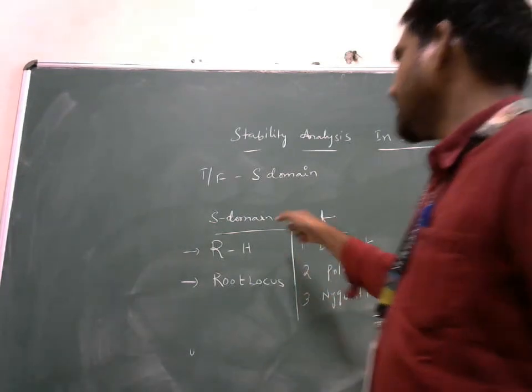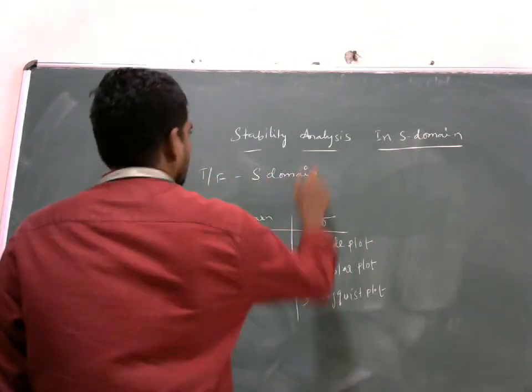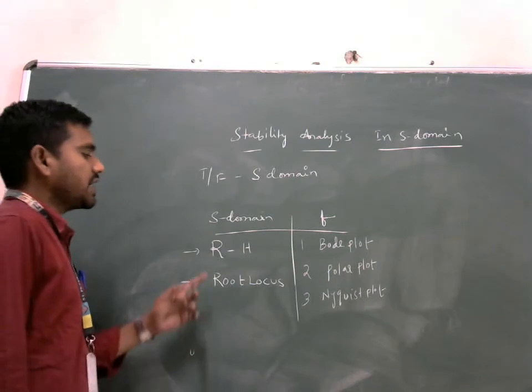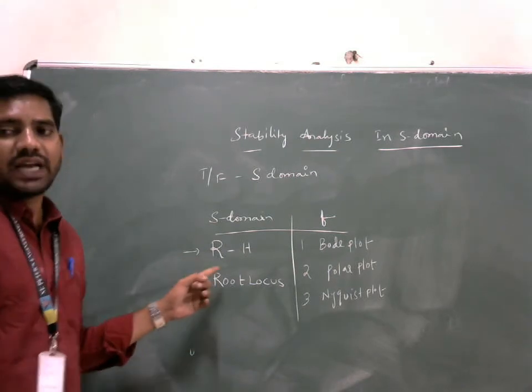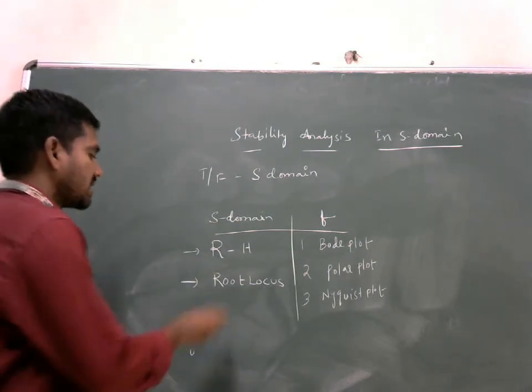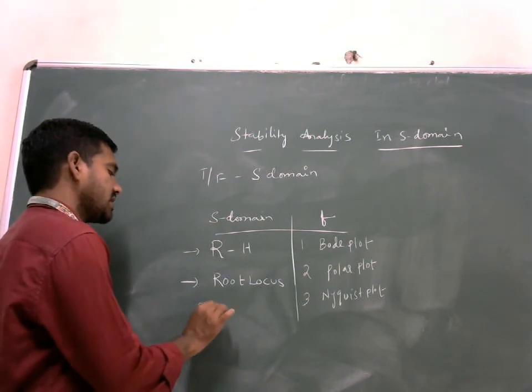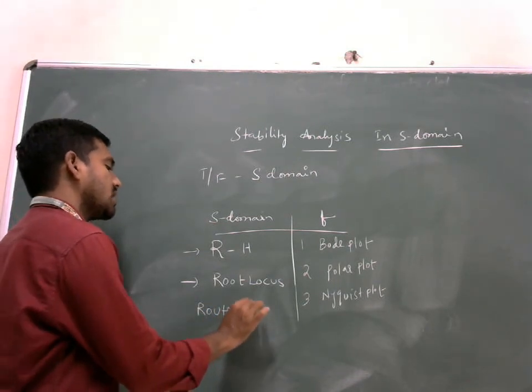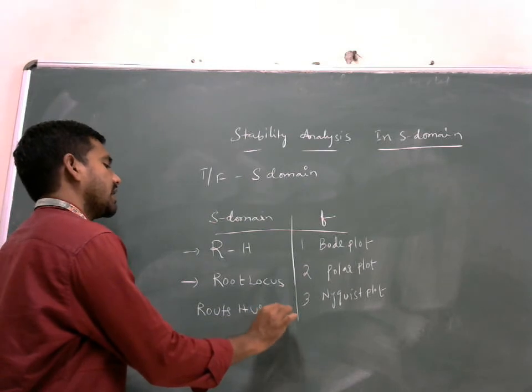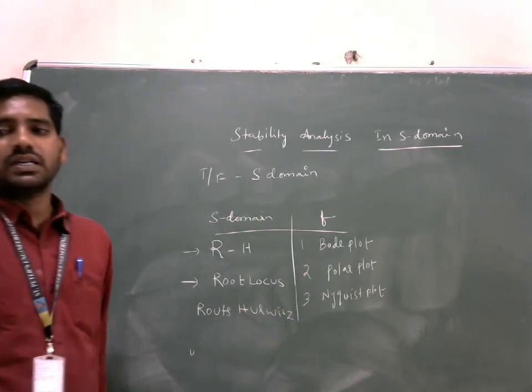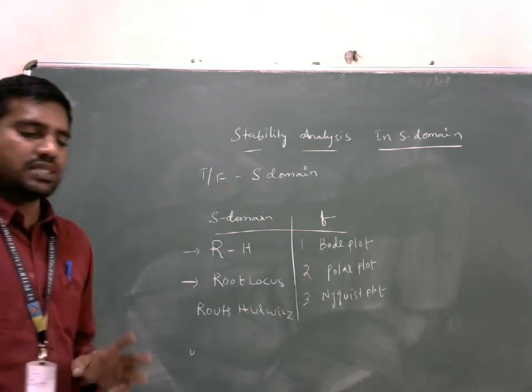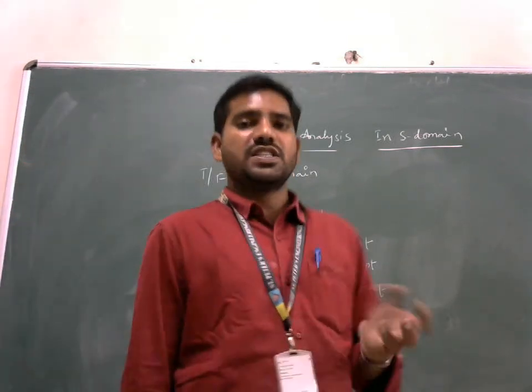Here we have different methods for stability analysis. The first one is the RH criteria, which is the Routh-Hurwitz criteria, a very simple criteria. According to his analysis, he told whether the system is stable or unstable.